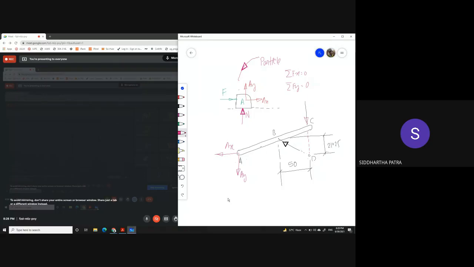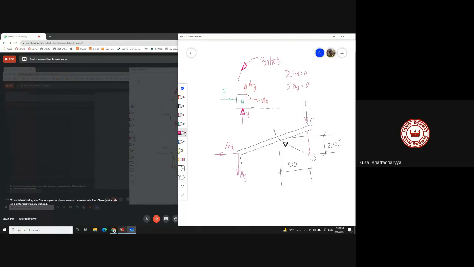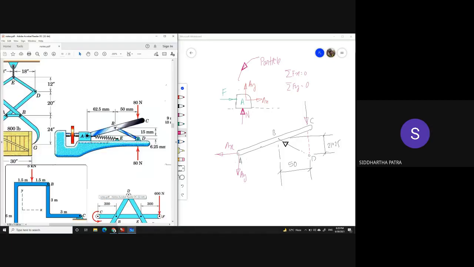Yes, what were you asking? Sir, can you show the question? Sure. The below the point D, there is some 80 Newton force, and what is the significance of that force?